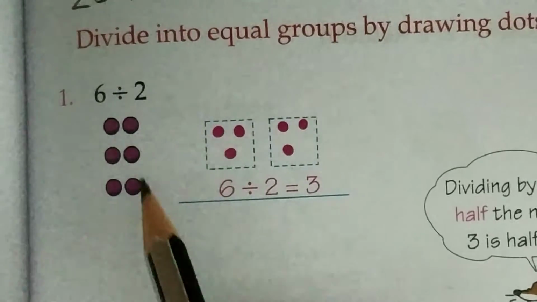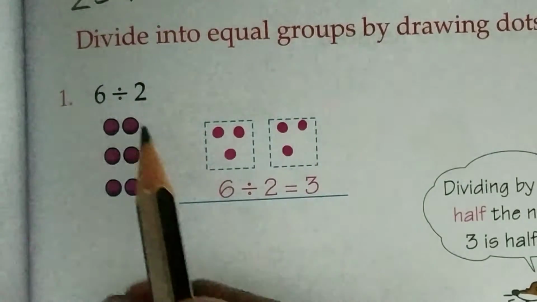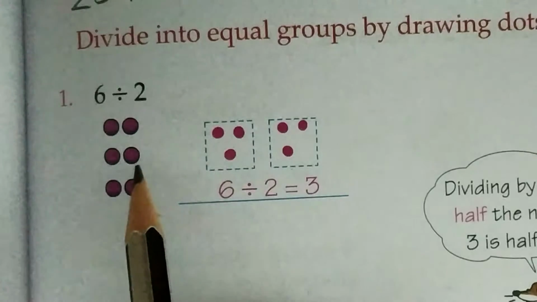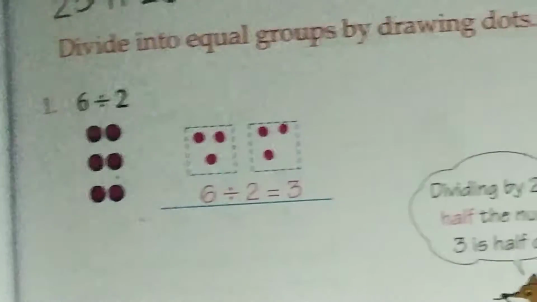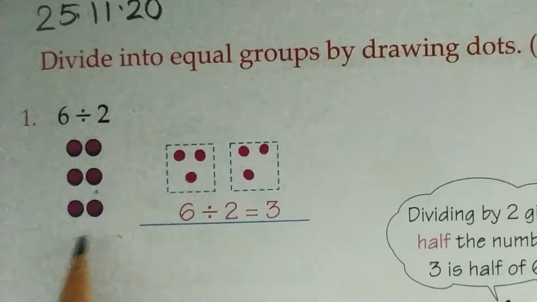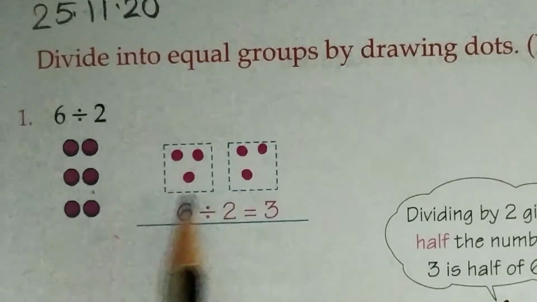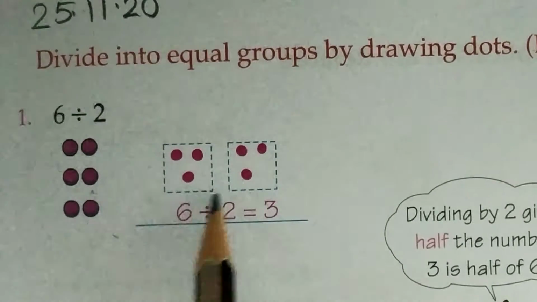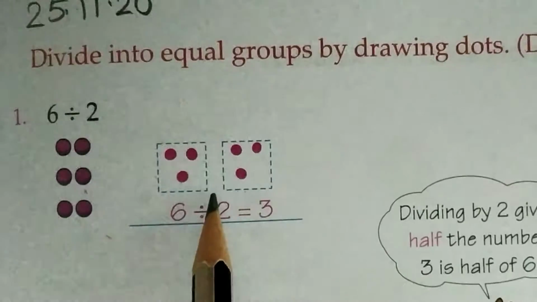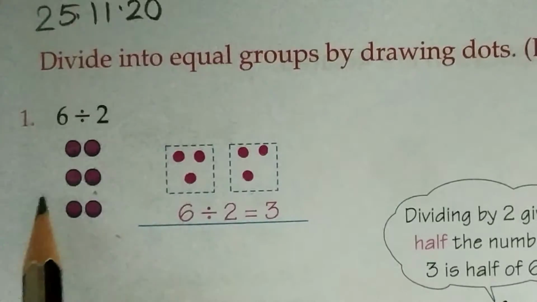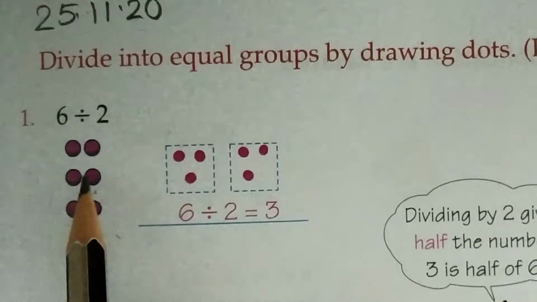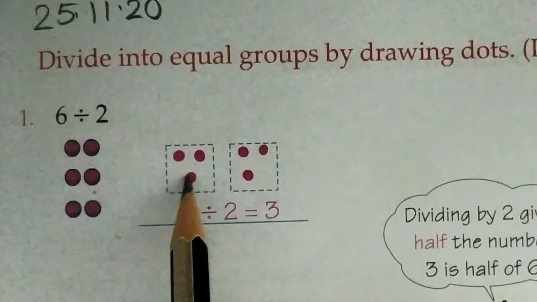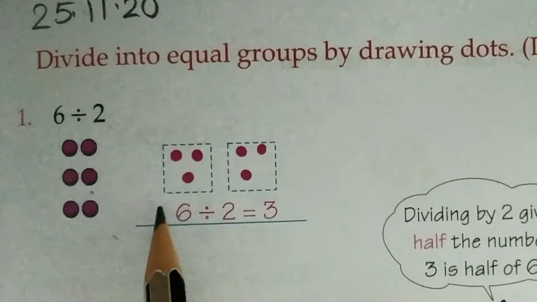Here are 6 beads. Okay, how many beads? 6. And these beads are divided into two equal groups. So how many beads do we divide in each group?